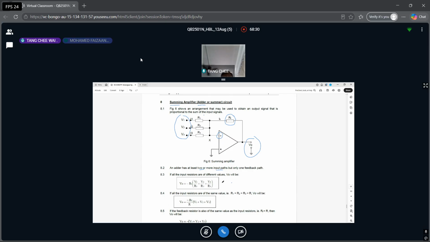All right, so we move on now to do some simple calculation with the formula. First thing, this is the formula to calculate the output voltage, Vout. Before I start, I remind all of you, why is there a negative sign here?